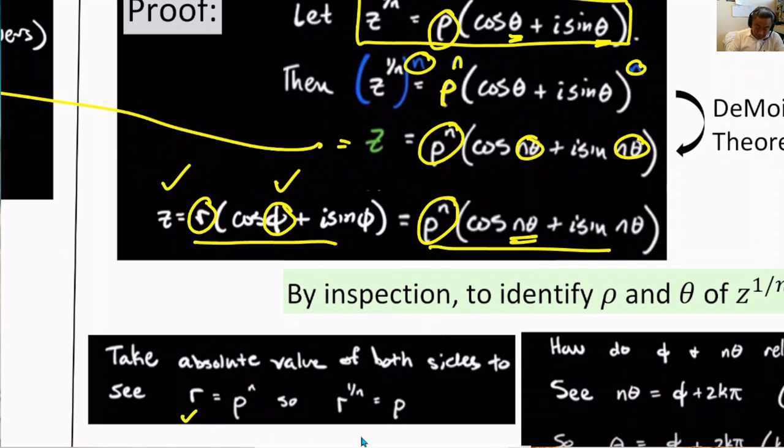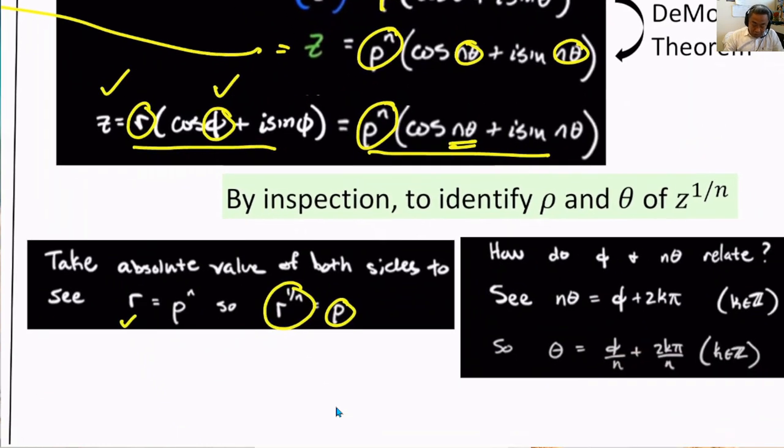Therefore, rho is equal to the nth root of r. r is a positive real number because it is a modulus, so we can take the nth root. What about phi? Phi is given to us because phi is from the original z. Now we have n theta equals phi.